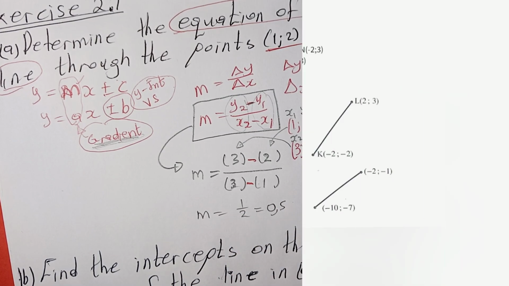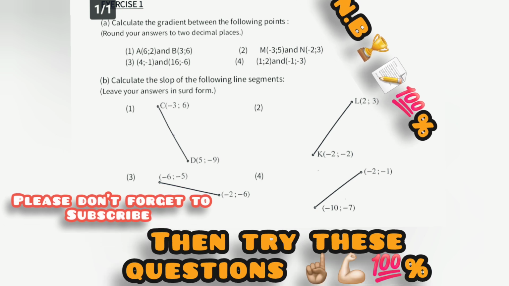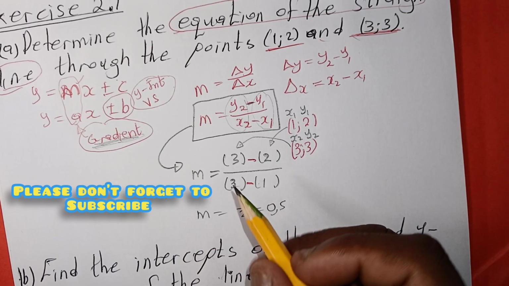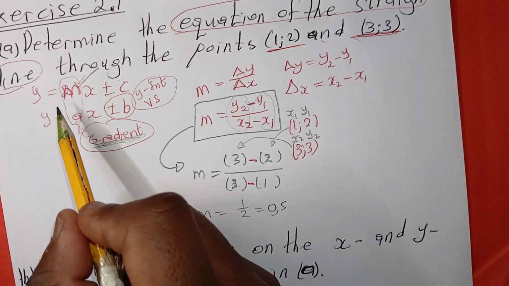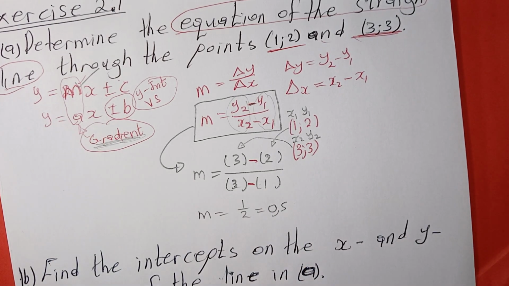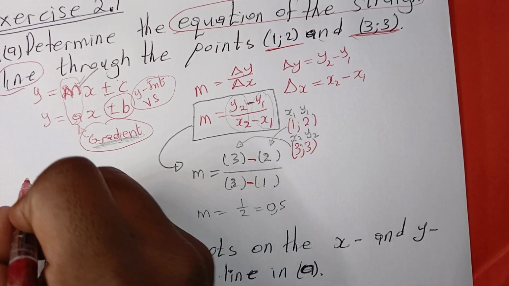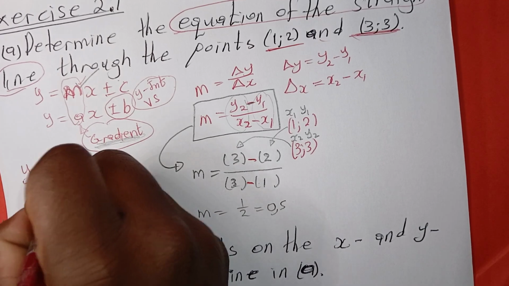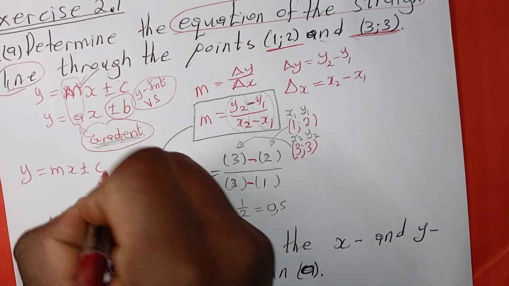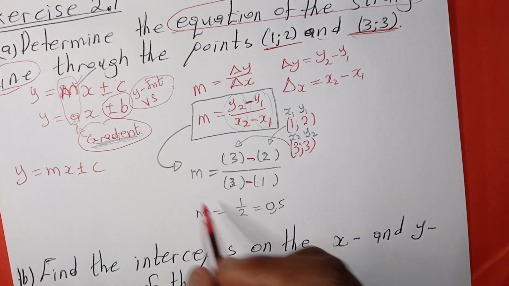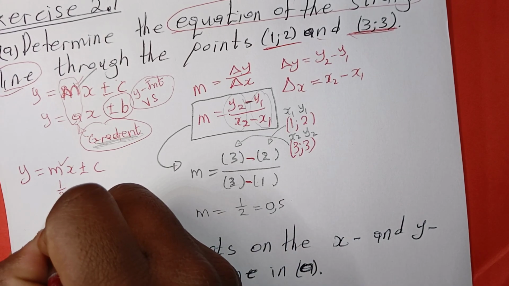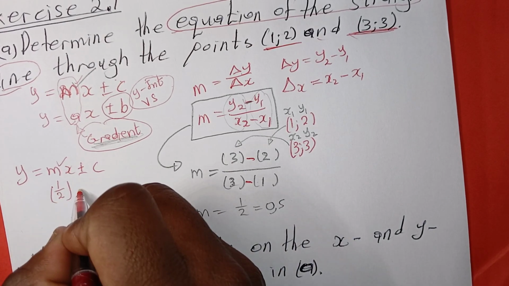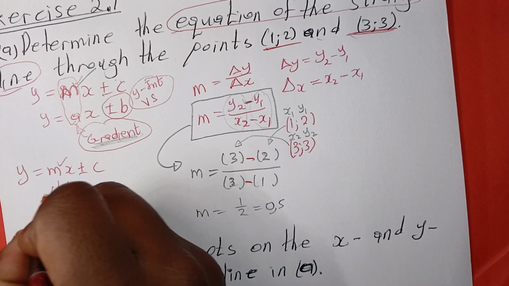Please take a screenshot, then try these questions. So now we know the gradient. Once we know the gradient, we can go back to the equation y = mx plus or minus c and substitute the gradient there: 1 over 2 times x plus c.